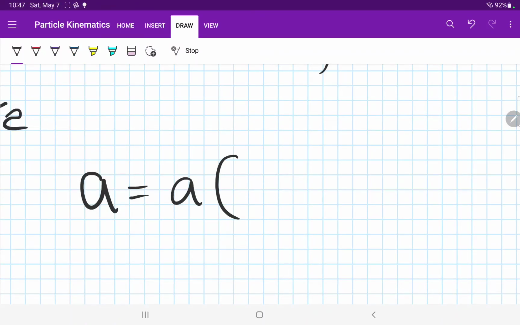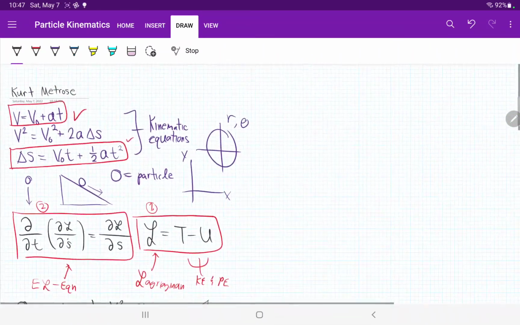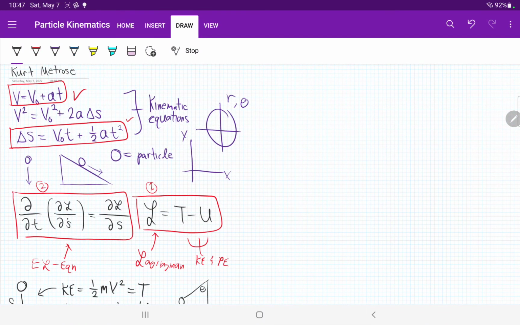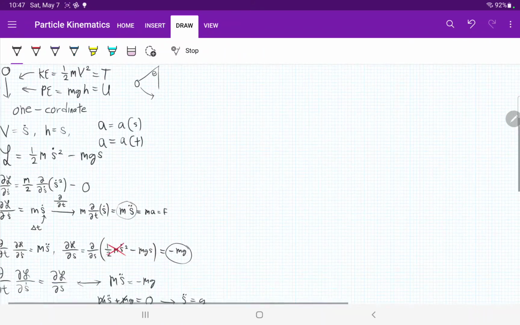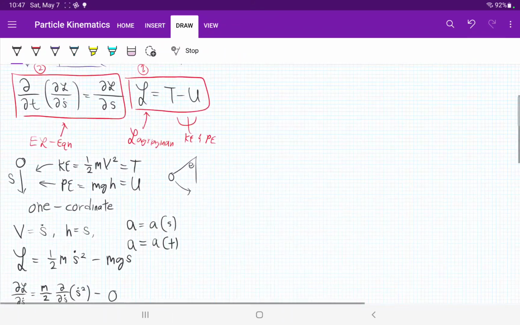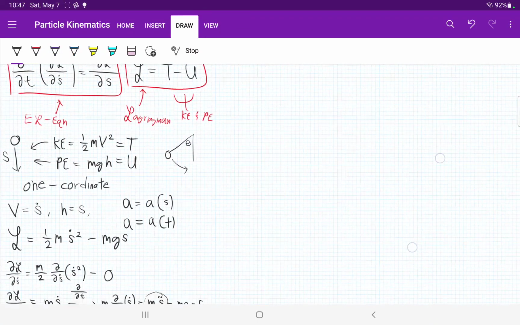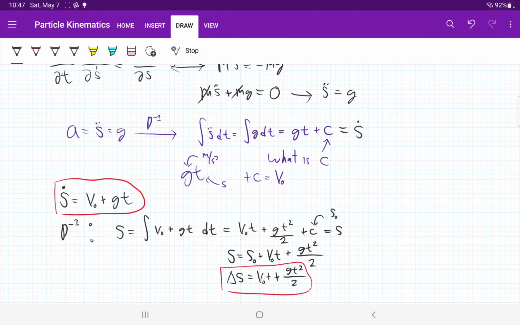So I'll write s. But for our sake, we wanted to know a as a function of t, right? So this equation and this equation over here, they're both timed equations. And that's what we really wanted. We wanted the equation of motion for a time varying situation. So there we go. That's what we got.